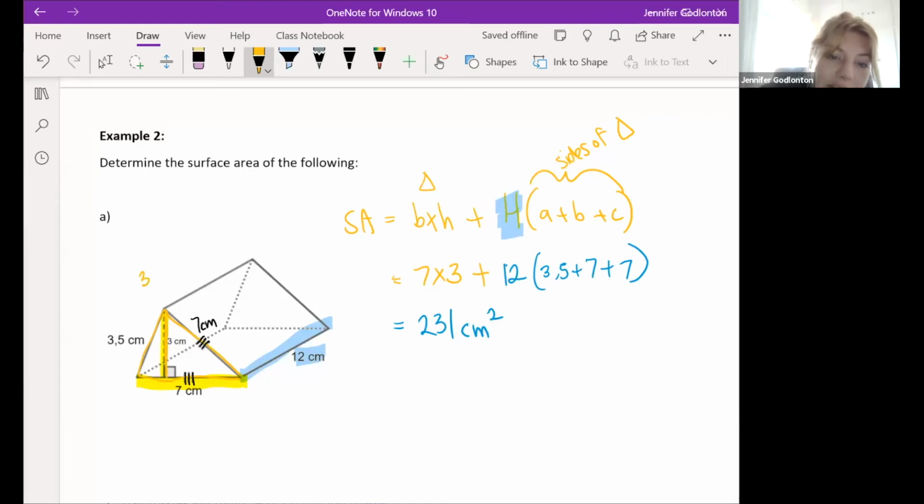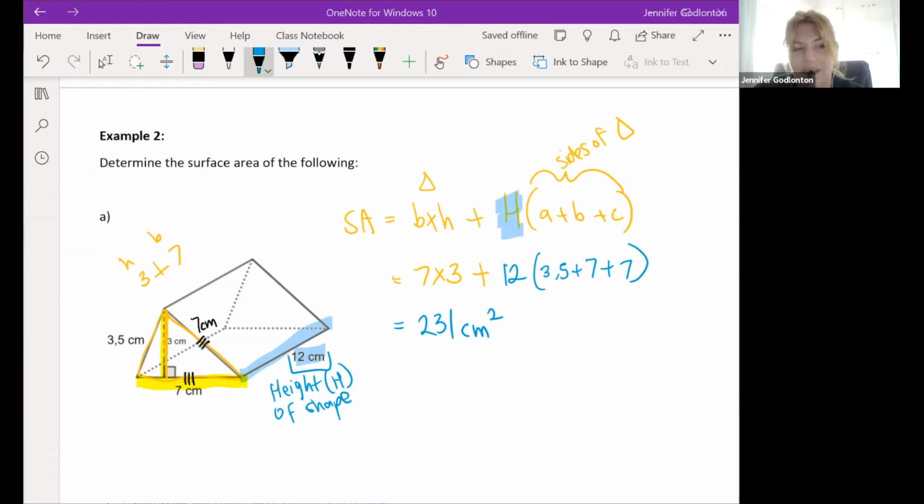So this 3 is perpendicular to the 7. That's my perpendicular height, and then that 7 would be my base. This 12 over here would be our big height. So we're going to use a capital H for the whole shape. Yes, ma'am. Okay. Cool.